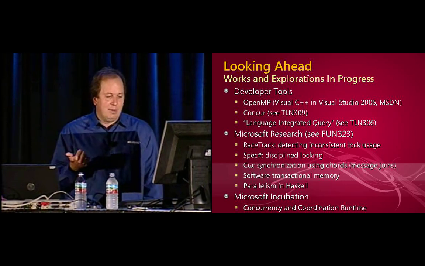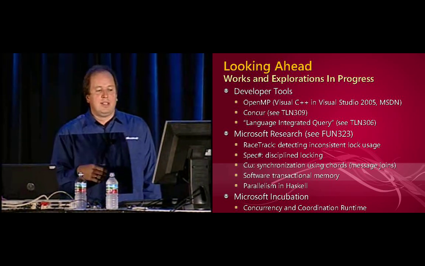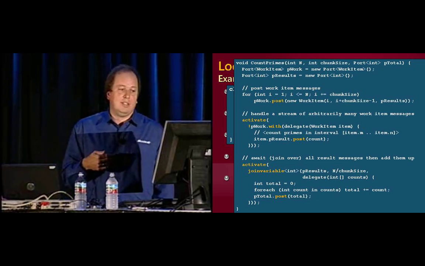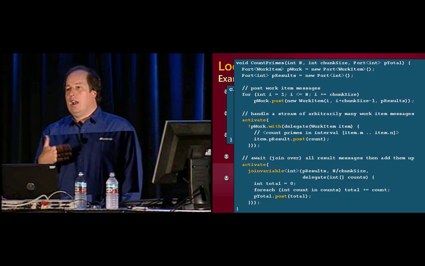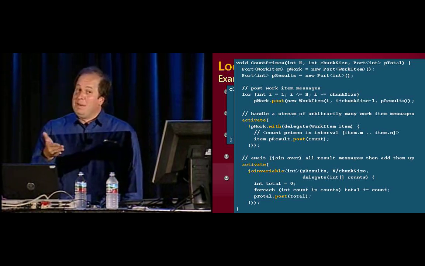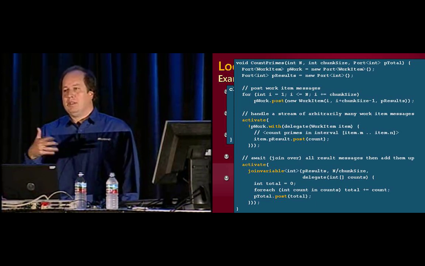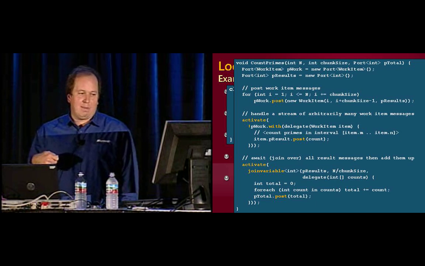The next slide I have will actually talk about this concurrency and coordination runtime, a project that the team I'm working on is doing. The idea of this CCR is an experimental local message passing runtime for building very highly concurrent federations of tasks to work on something.